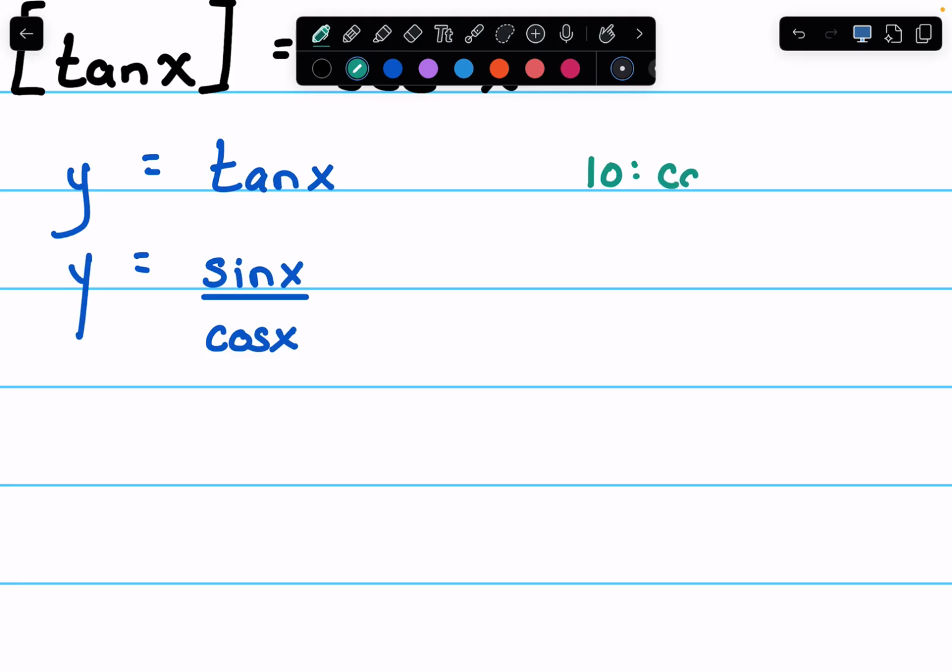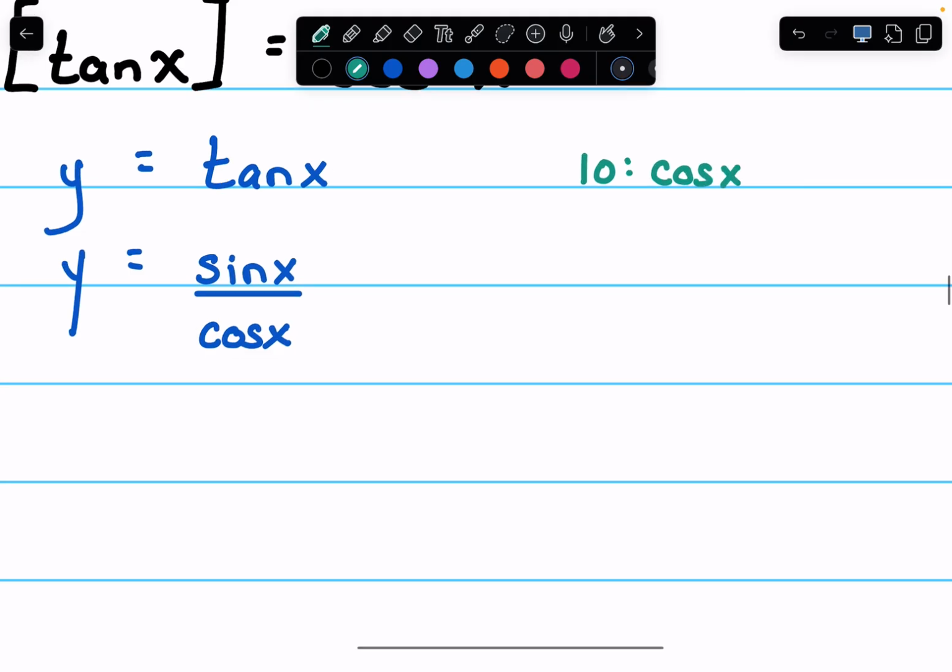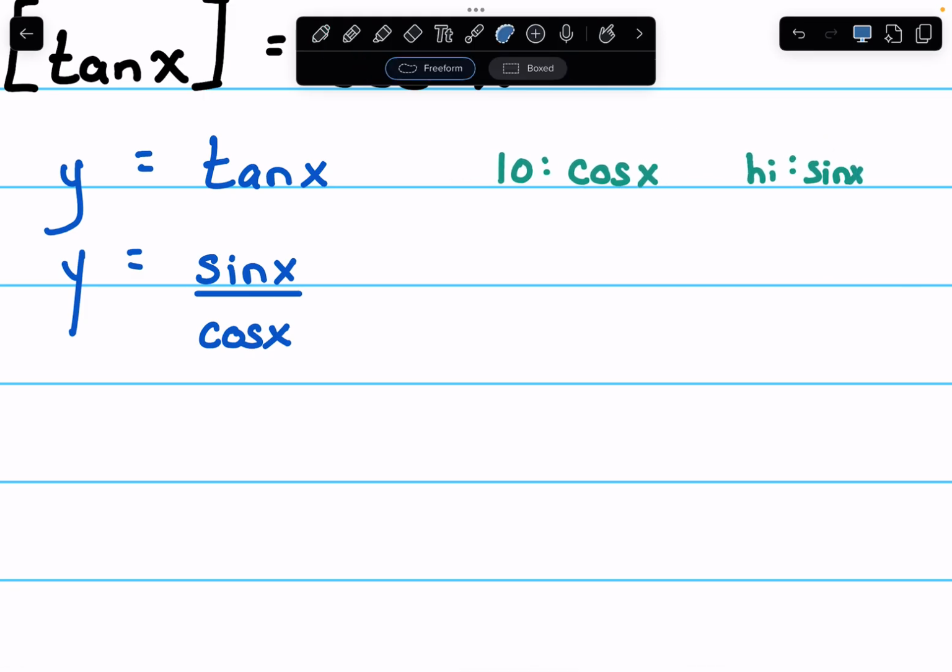So you'll do your low is cosine, your high is sine. I don't know why I did that so close to that. The derivative of cosine is negative sine. The derivative of sine is positive cosine.